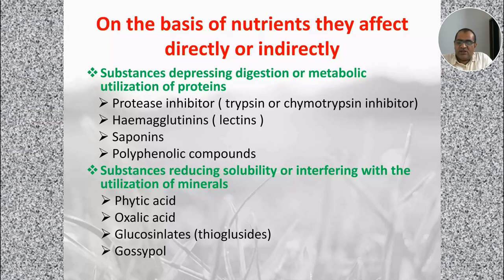These also block the absorption of many types of minerals. Gossypol is a popular anti-nutritional factor which also inhibits the absorption of minerals, and sometimes it interferes with metabolism and with the carrier protein mediated mechanisms which carry certain minerals inside the body. All of these hamper the growth of the animal that eats food contaminated by these materials.